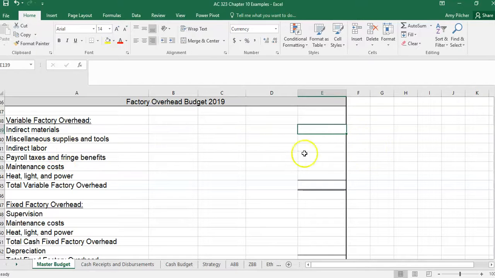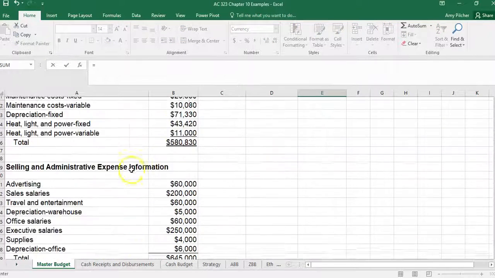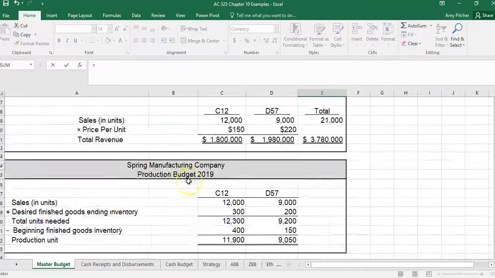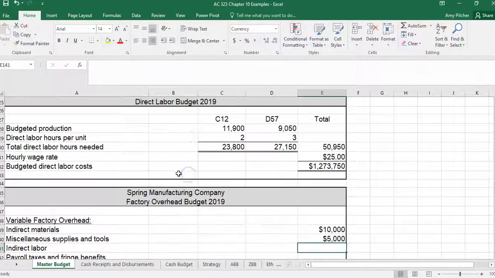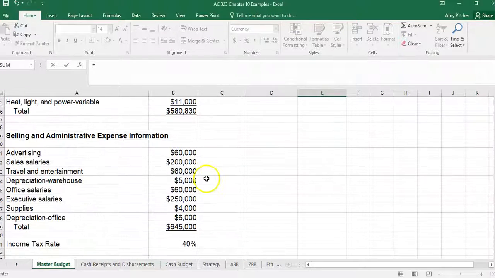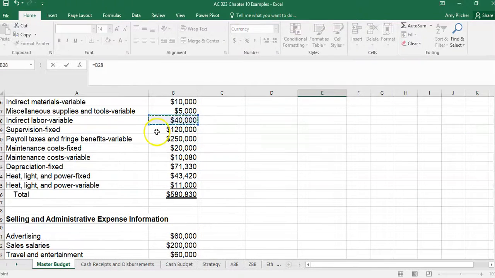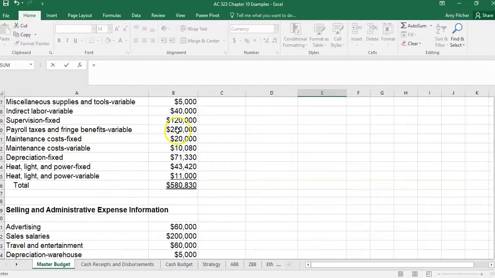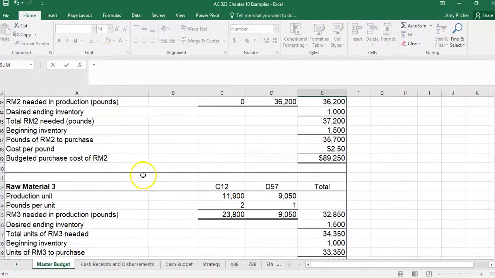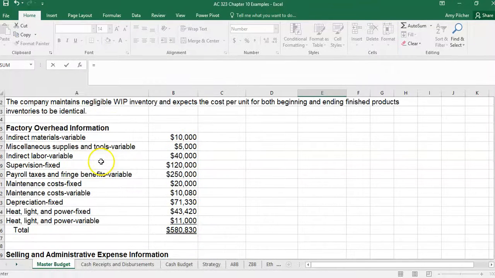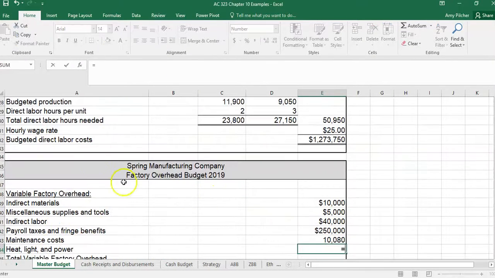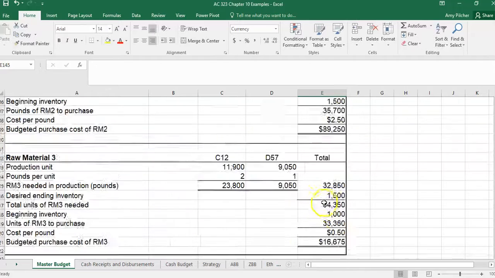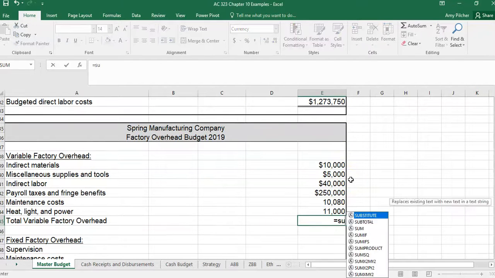So variable direct material, indirect materials, payroll taxes and benefits, maintenance costs, and heat, light, and power. That gives us our total variable expenses.